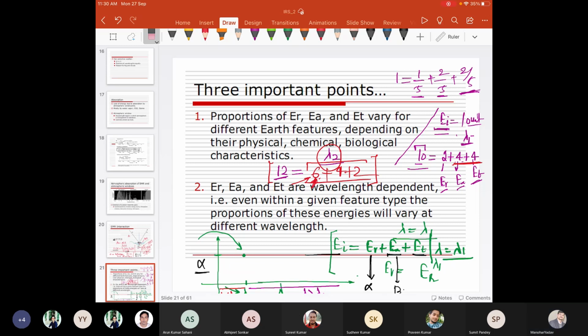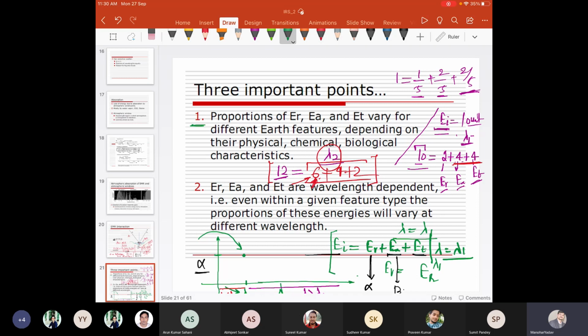I would like you to participate in the discussion. Previously, what we discussed corresponding to point number 1 was how the response of a particular material behaves. If we talk about earth surface objects, it could be a building, a road, soil, or vegetation.